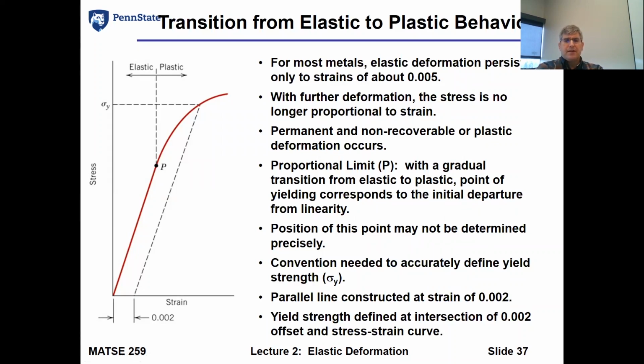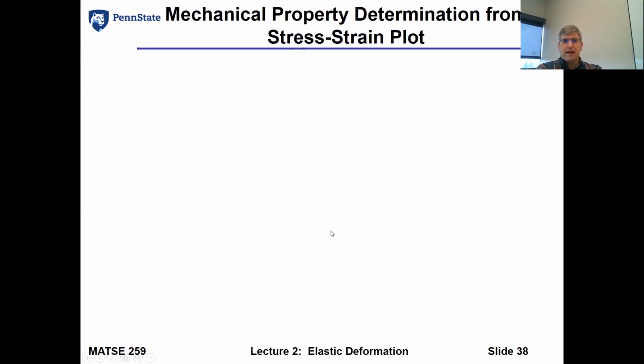If we draw a line parallel to the elastic deformation portion of the curve with this 0.002 offset, it is used in the literature as the 0.2% offset yield strength. If we draw a parallel line, we come up with another number up here, but it's a number that we can consistently obtain, much more consistently than the proportional limit. Whenever we talk about yield strength in the class, it will be spoken of as this 0.2% offset yield strength, and we see it schematically shown here in the diagram.